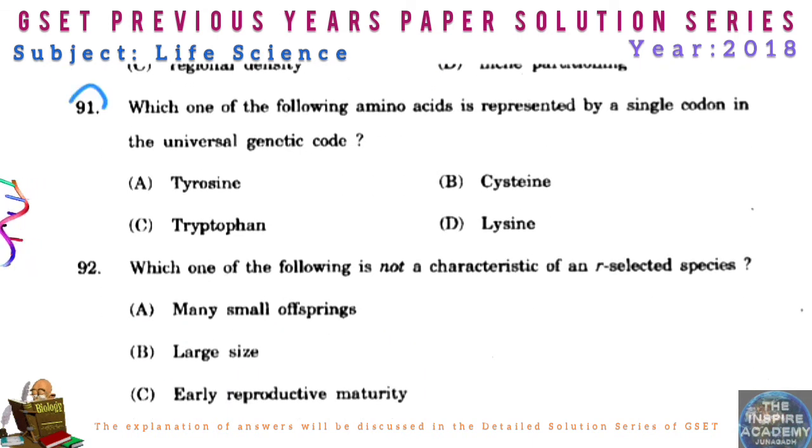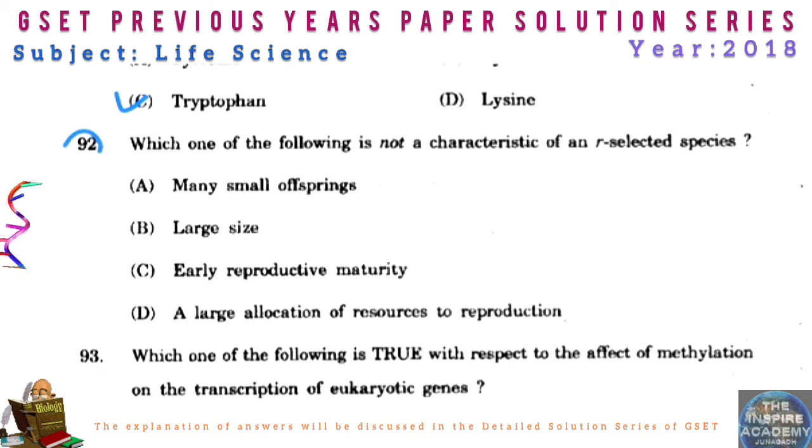Question number 91. Which one of the following amino acids is represented by a single codon in the universal genetic code? Tryptophan. Question number 92. Which one of the following is not a characteristic of an R-selected species? Option B, large size. This is not the characteristic of an R-selected species.